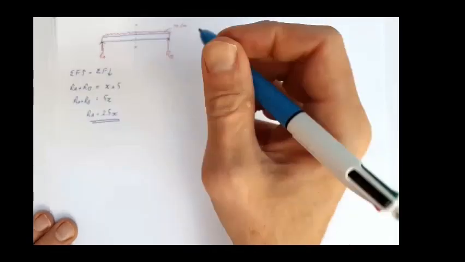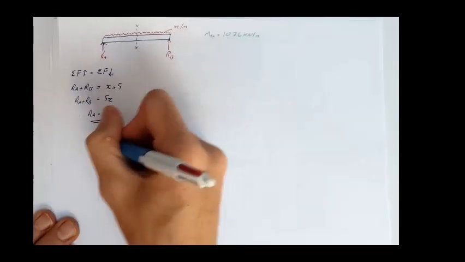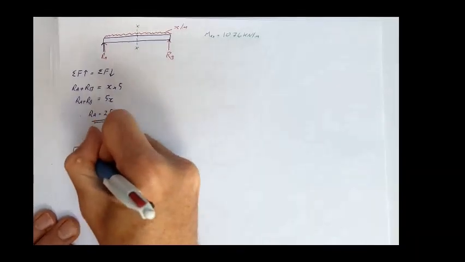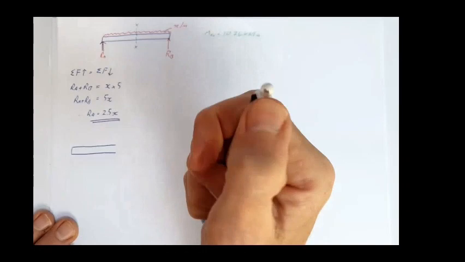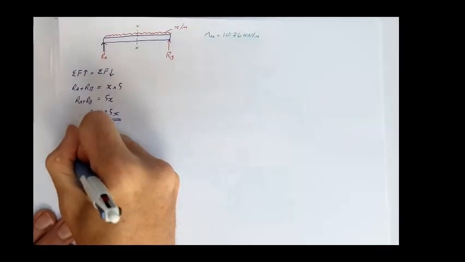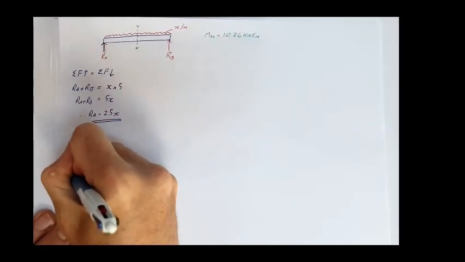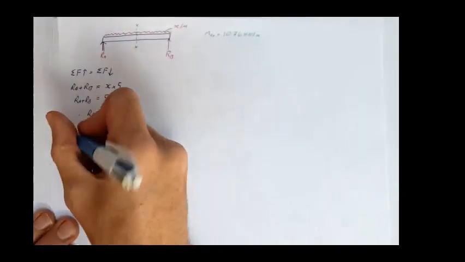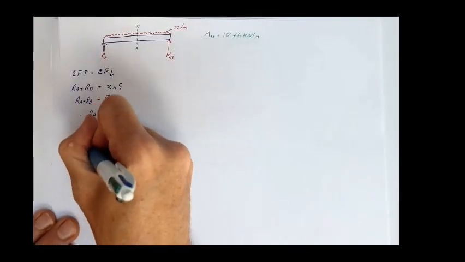So let's now consider my beam. I'll go halfway along my beam. We've got RA here. We've got x newtons per meter on top of the beam.